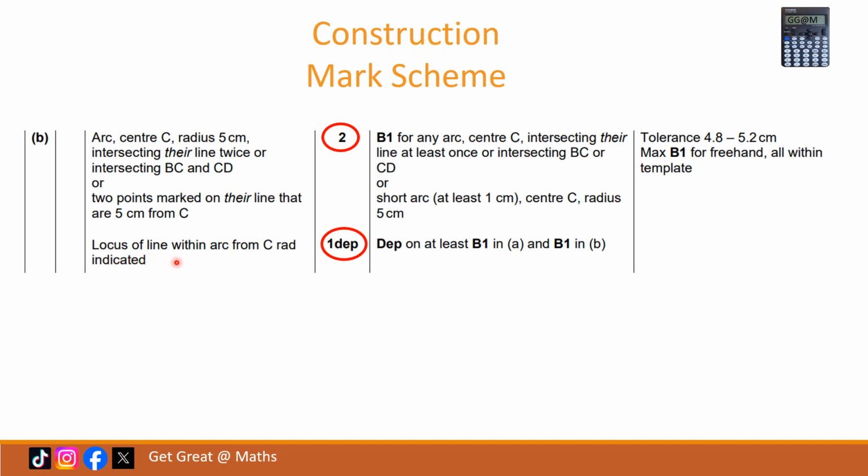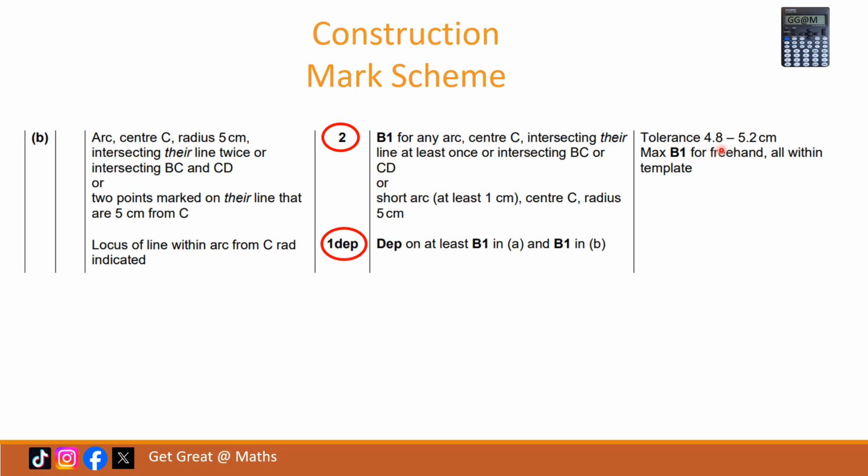So it is a locus of the line with an arc of radius C that is indicated, but it must incorporate the answer that we did on my previous video where the path was, and then this information here, the circle, to get that 3rd and final mark. So it doesn't matter if you got the answer to the first bit wrong, you can still get a method mark. It is dependent on what you drew previously.